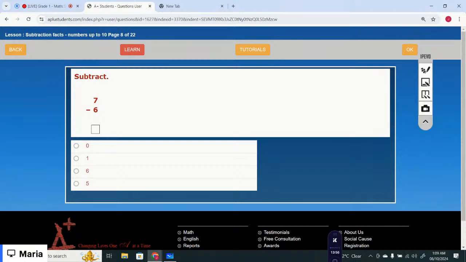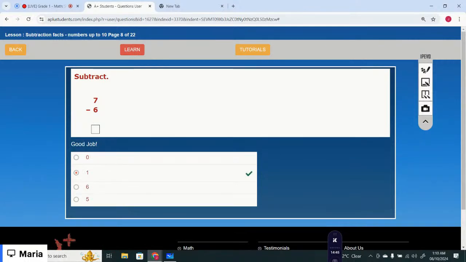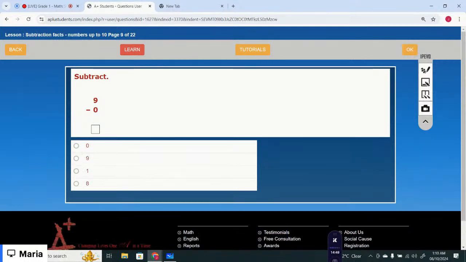Okay, the next one is 7 take away 6, which is the correct option? 7 take away 6 is, the correct option is 1. Very good. So 7 take away 6 is 1. Okay, the next one is 9 take away 0.